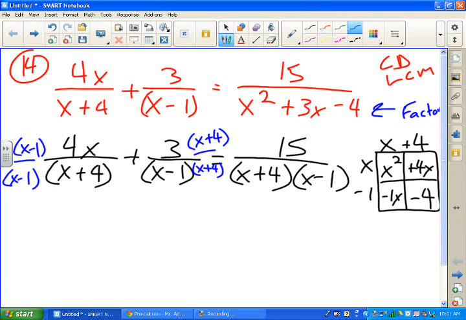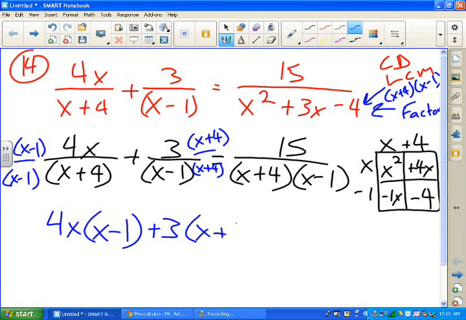I repeat that same process on the second fraction, but I'm going to do x plus 4 on the top and bottom, because my lowest common multiple is x plus 4 times the quantity x minus 1. Once I've done that, I can focus on the numerator because the denominator is already equal, right?